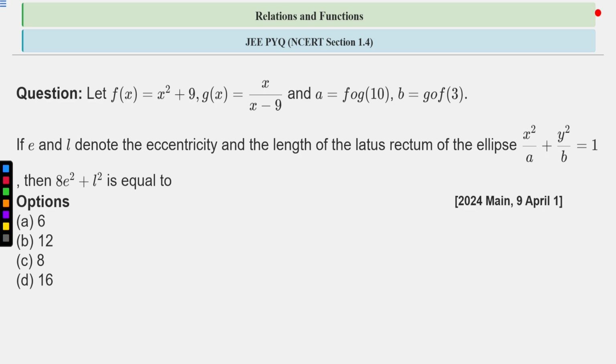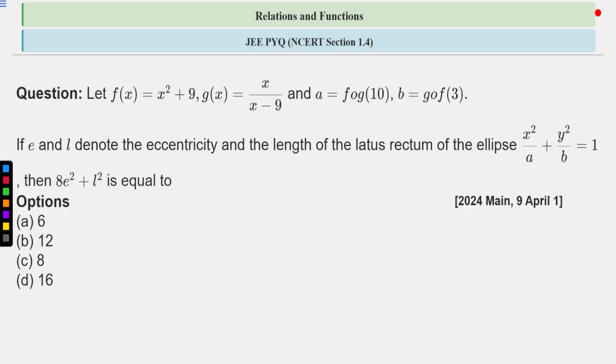This question was asked in JEE Mains 2024. It is a good question. You need to clear the concept of ellipse also, like what is latus rectum and what is eccentricity. f(x) is given, g(x) is given.